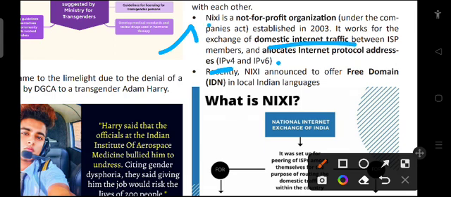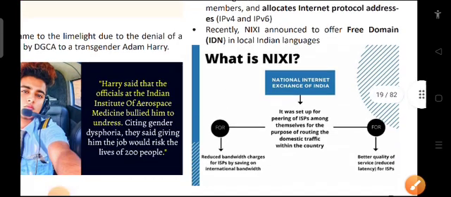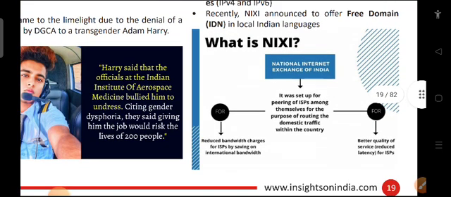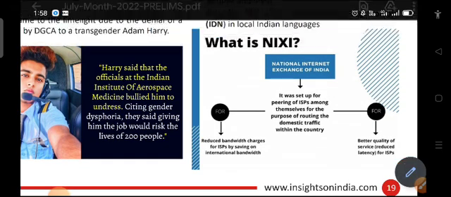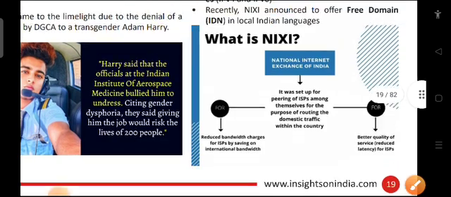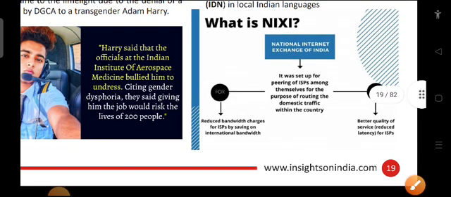This has been provided by NIXI, and it's a not-for-profit organization, and it also works for the exchange of internet traffic between ISPs and these IP providers. Recently, NIXI announced it would offer free domain IDN in local Indian languages. Now what is NIXI?